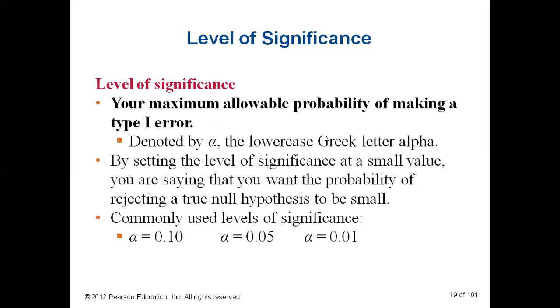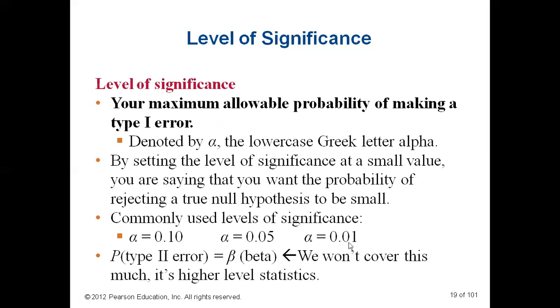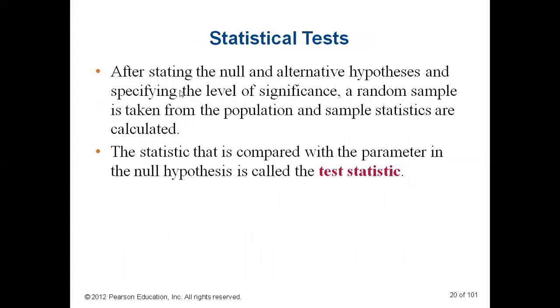Commonly used values are alpha equal to 0.10, 0.05, and 0.01. Most commonly we use alpha equal to 0.05. Type 2 error is represented by beta, and we don't cover this, it is beyond the scope.